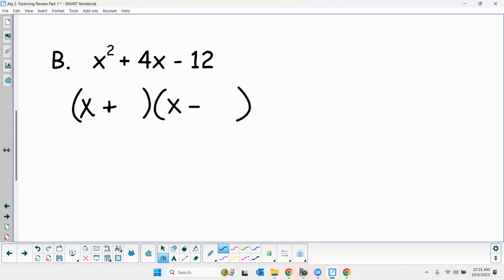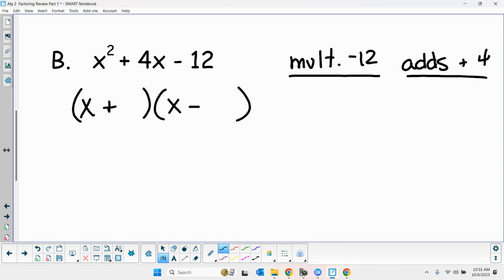All right? So I'm looking for factors. What multiplies to get negative 12 and adds to get positive 4? So, you know, you could go 1 and negative 12, or negative 1 and positive 12, 2 and negative 6, or negative 2 and positive 6, and I think that's the one, isn't it?